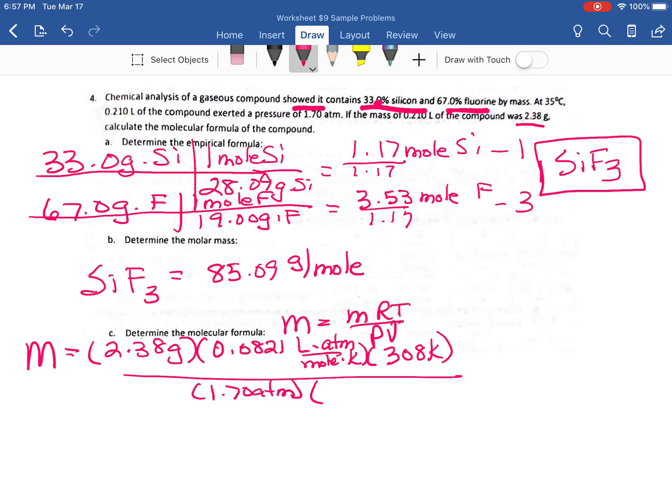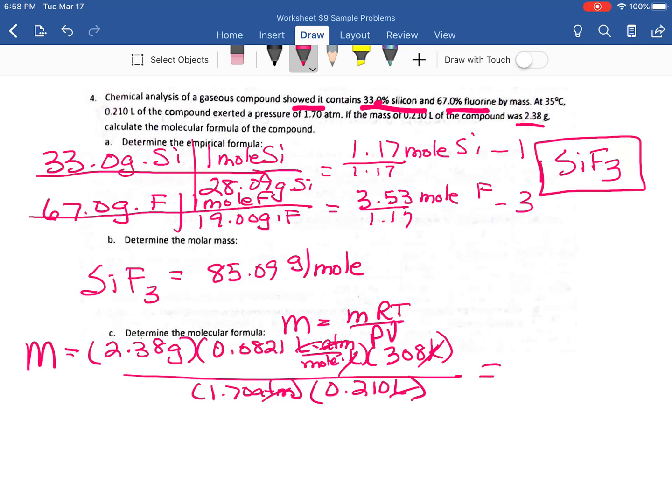And my volume is given as 0.210 liters. I'll double check and cancel out all of my units. So I have Kelvin, Kelvin, atmospheres, atmospheres, liters, liters. I am left with grams per mole. So I set my problem up right.